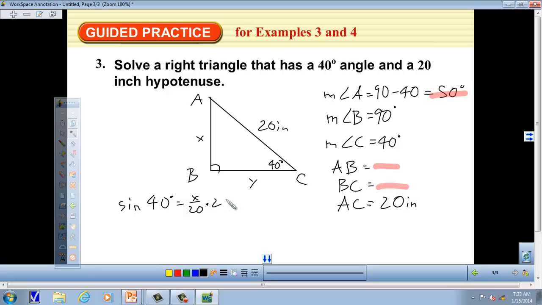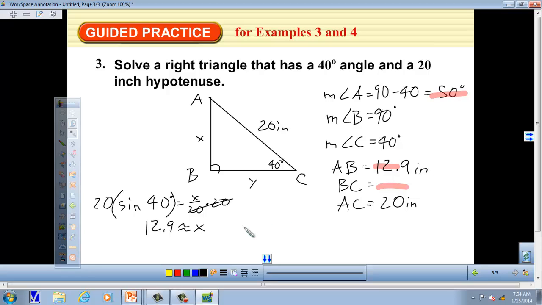If we multiply both sides by 20, those cancel, and X is approximately 20 times sine 40. We should get 12.9. If we round, that would be AB, so that's 12.9 inches.